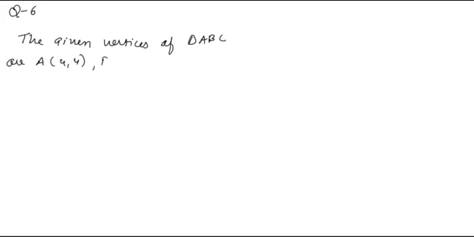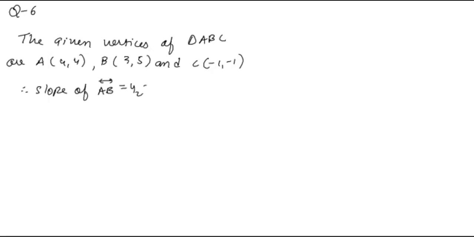So the given vertices of triangle ABC are A (4, 4), B (3, 5) and C (-1, -1). Therefore, we'll find the slope of line AB, which will be (y2 minus y1) upon (x2 minus x1).